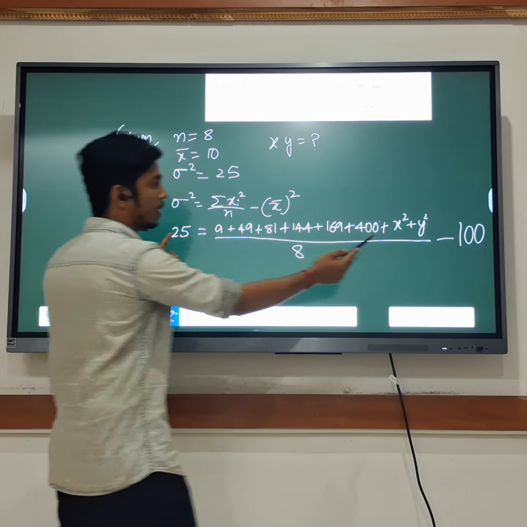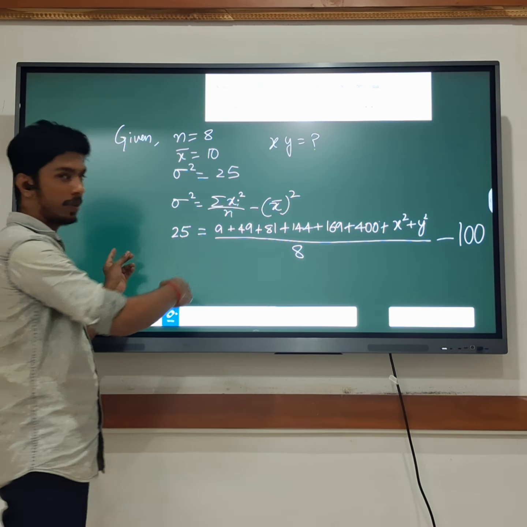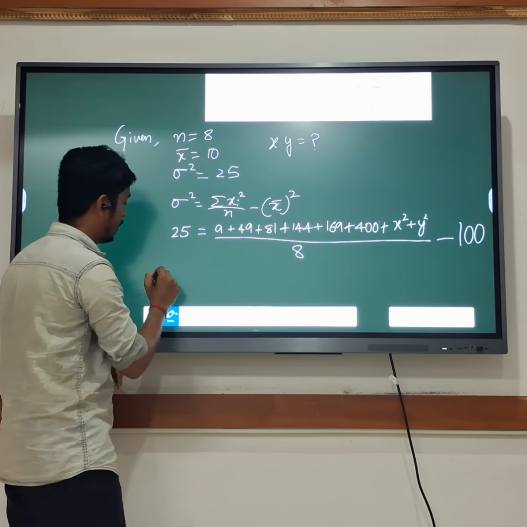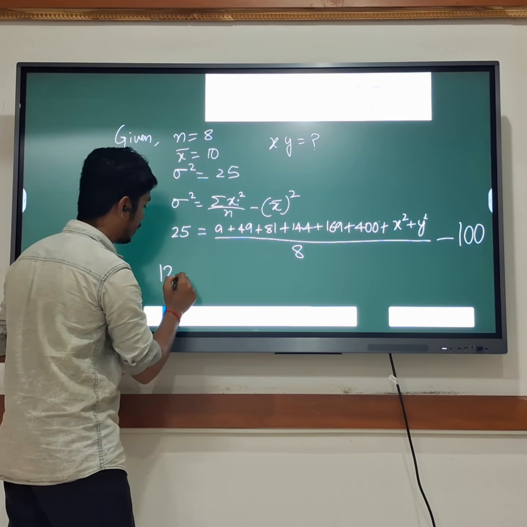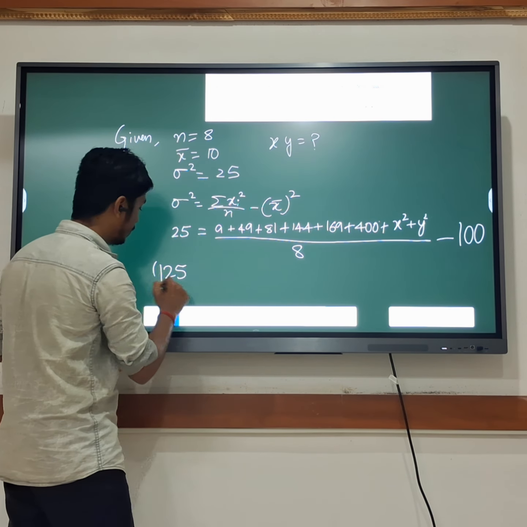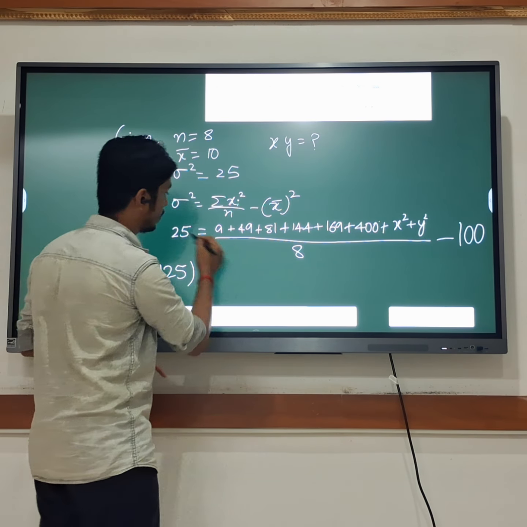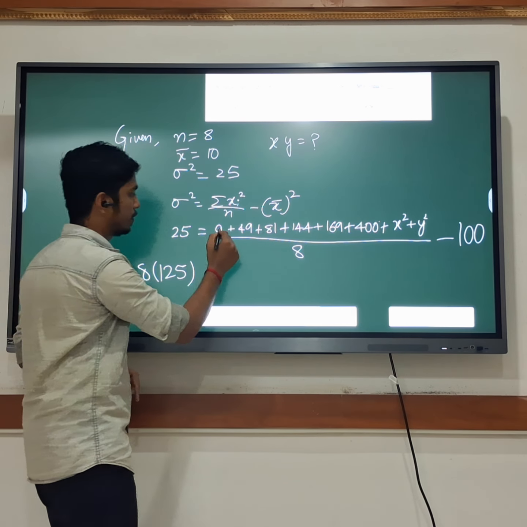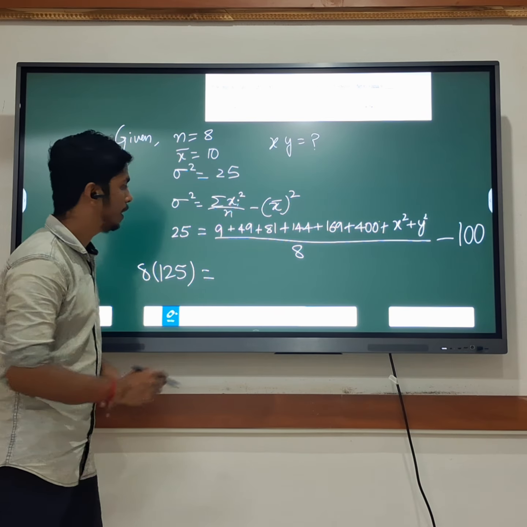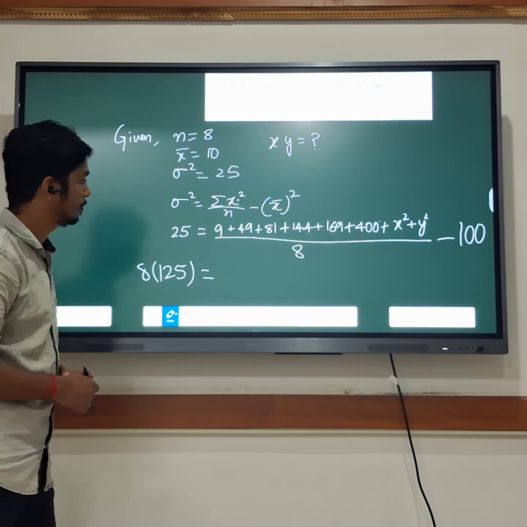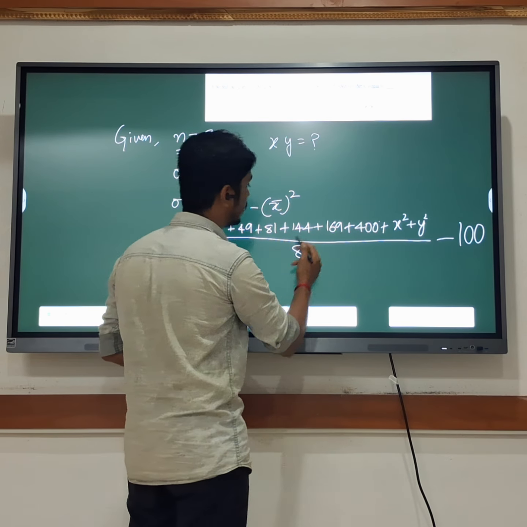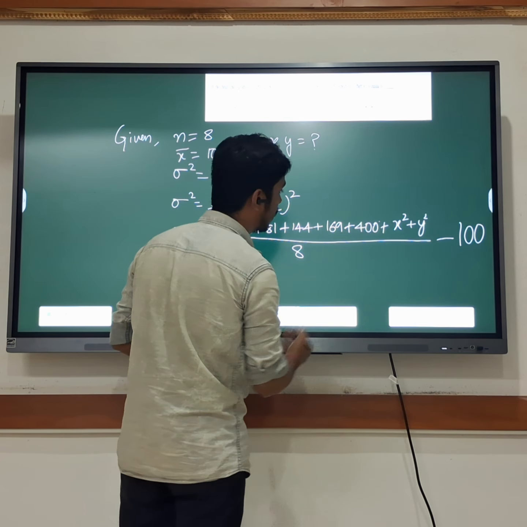So this 100 minus 100, take it to the left side. 100 minus 100 plus 25 is 125 into 8. This 8, put here 8. Then 49 plus 9 is 81 plus 144 plus 169 plus 400.